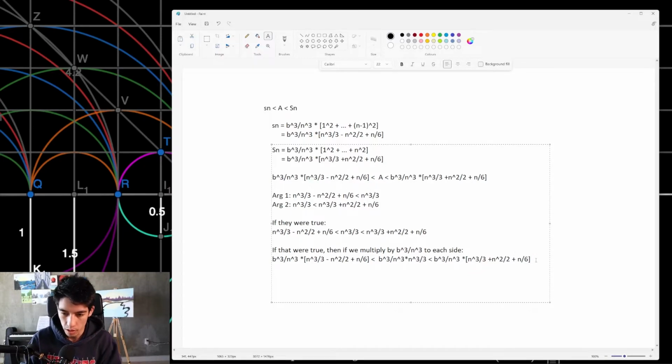If we simplify all of this, this just turns into Sn, which is smaller than b cubed over 3, which is smaller than the upper bound.